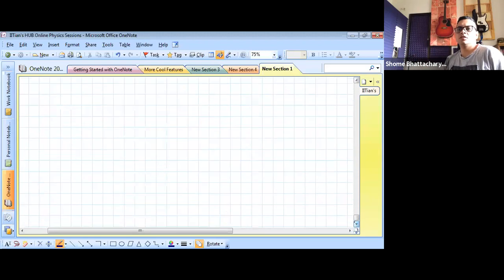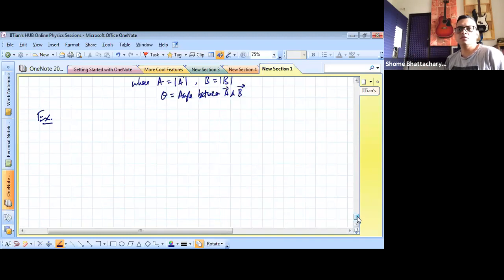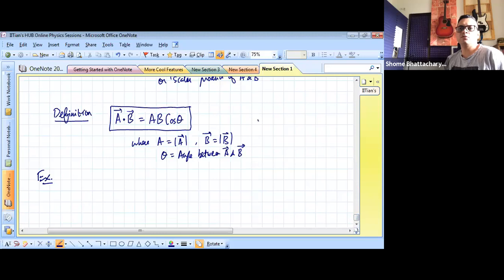Okay, so let's understand an example. This is what the dot product means. This is the definition of the dot product. It is magnitude of A multiplied by magnitude of B multiplied by cos theta. There's nothing difficult to understand in this. This is just a new definition.